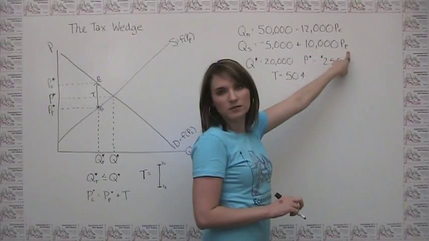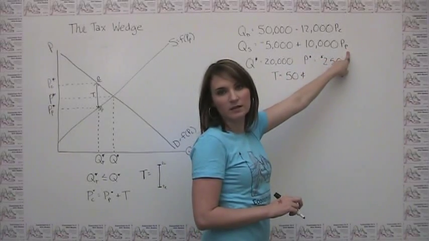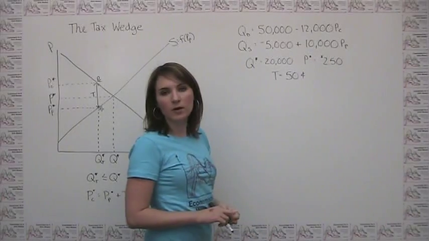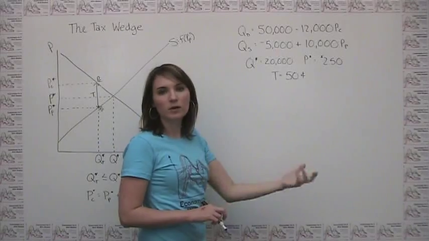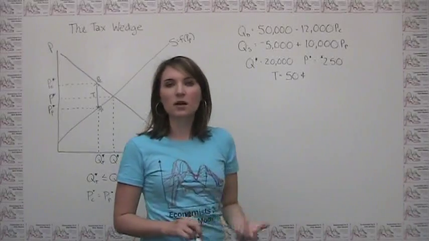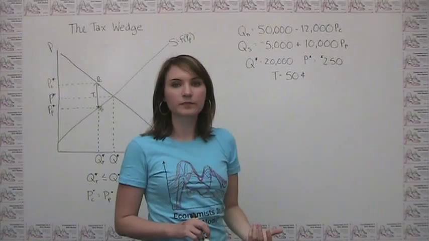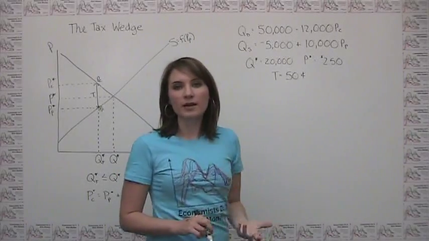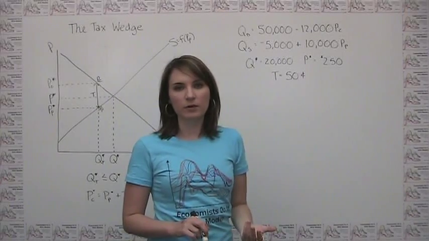And price to the producer is a variable rather than a constant. Typically, we say when we have four unknowns, we need four equations in order to be able to solve for those unknowns. But what we notice is we actually do have four equations for our equilibrium.